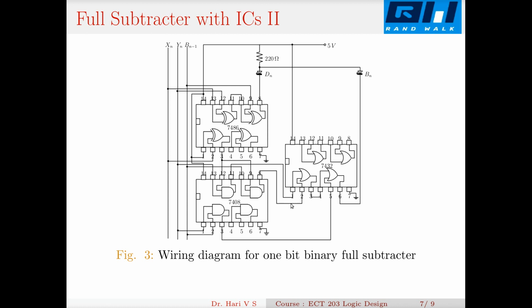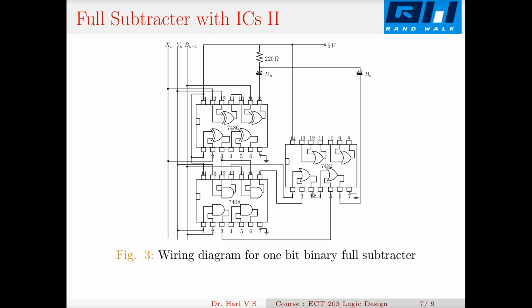These AND outputs are then ORed, because this output is taken here, this output is taken here. Then I need a 3-input OR gate, so I use 2 OR gates to form a 3-input OR gate, because OR is an associative function.